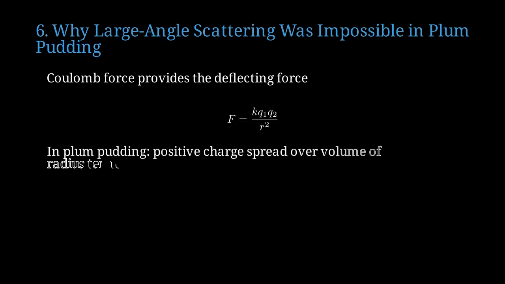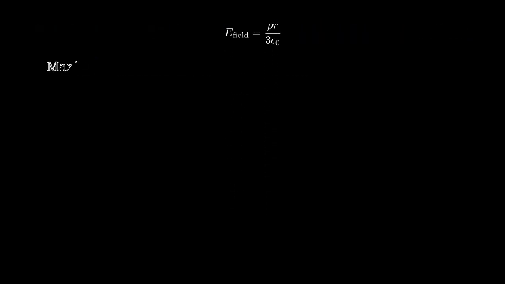In the plum pudding model, positive charge is spread over the entire atomic volume, with radius approximately 10 to the negative 10 meters. Inside a uniform sphere of charge, the electric field at distance r from the center equals ρr divided by 3 epsilon 0, where ρ is charge density. The maximum force an alpha particle experiences occurs at the atomic radius, approximately 10 to the negative 10 meters.